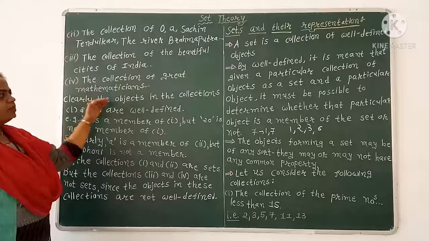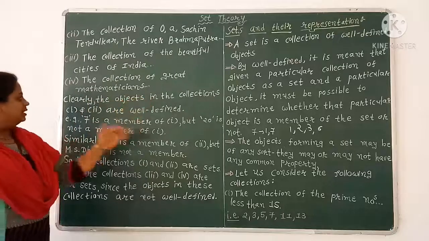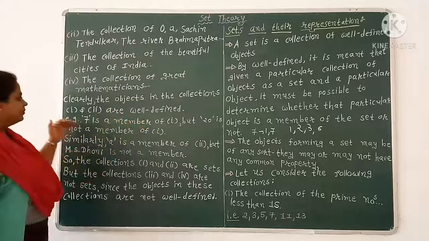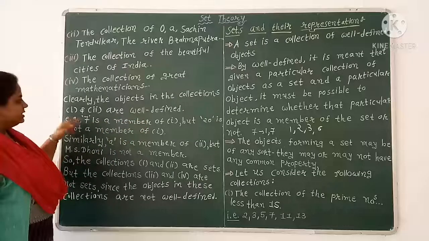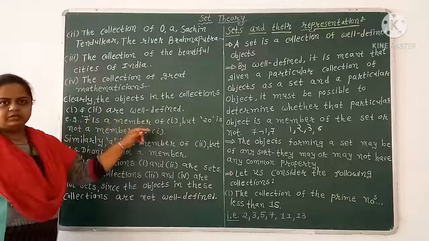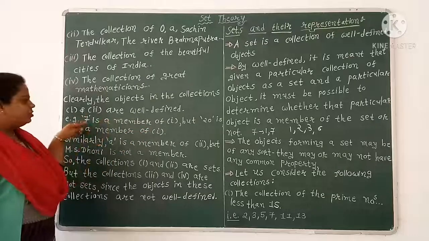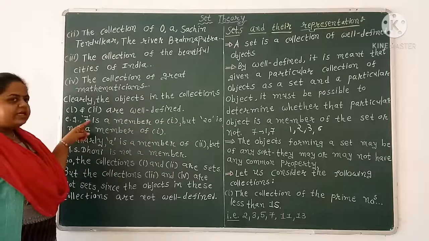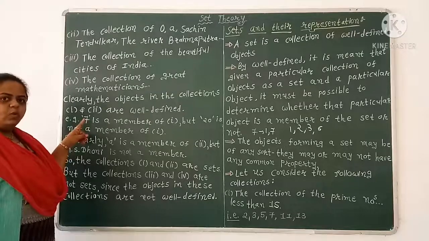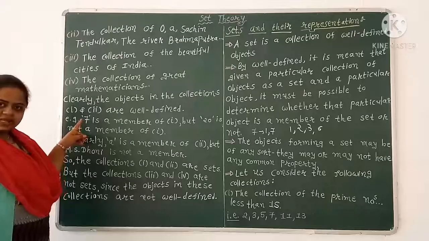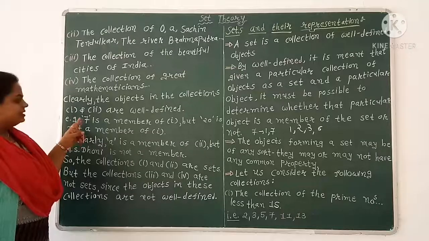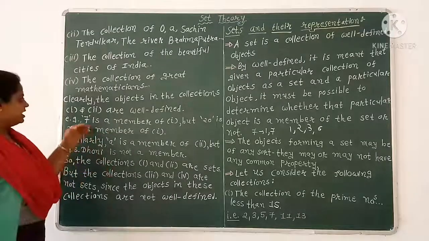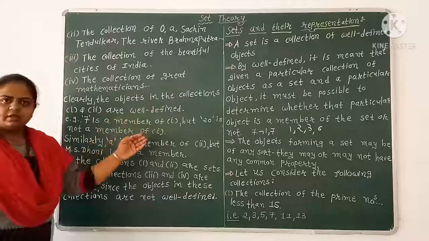Clearly, the objects in collections 1 and 2 are well defined because, for example, 7 is a member of collection 1. Why? Because 7 is a prime number as it has two factors, 1 and 7 itself, as well as 7 is less than 15. So, 7 is a member of collection 1.